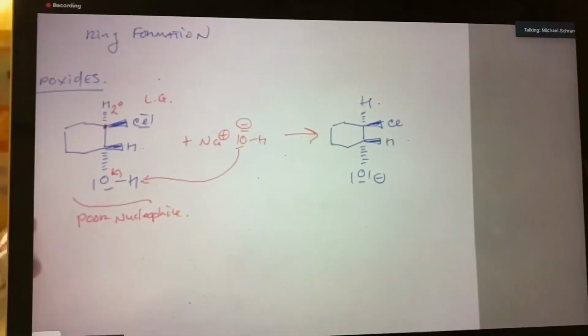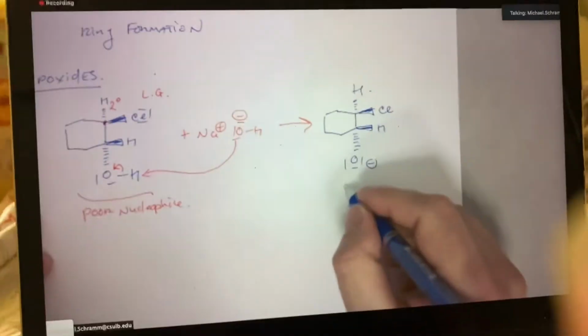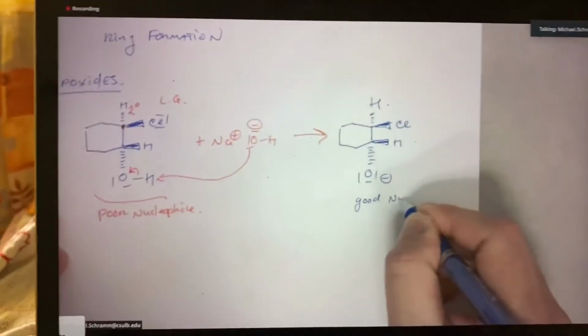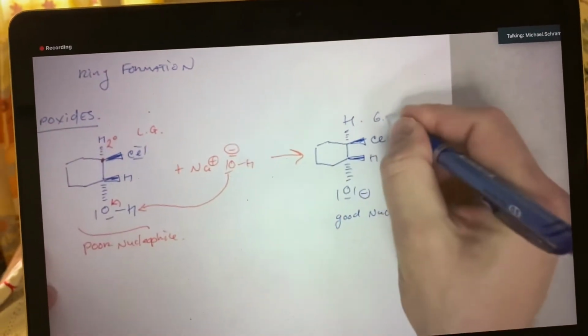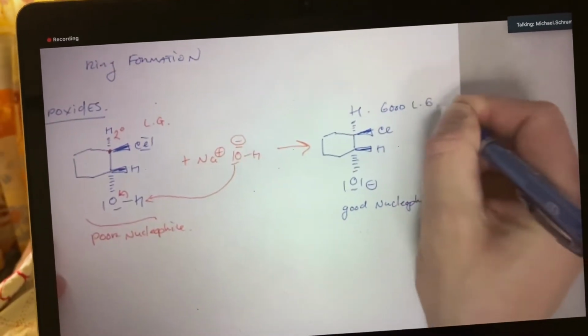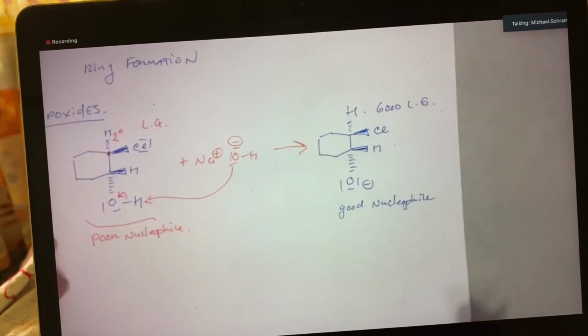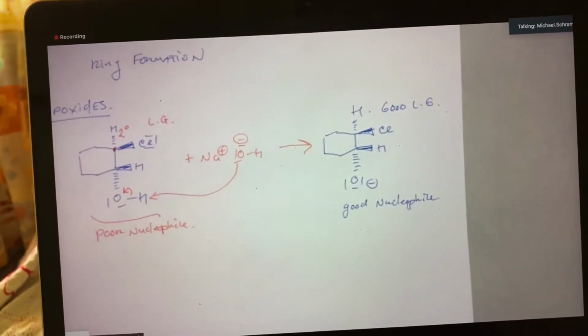Now actually we have a good nucleophile and good leaving group all in the same molecule. And so this can actually internally cyclize.